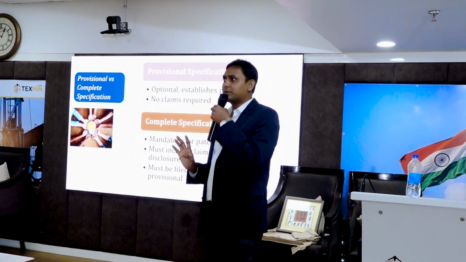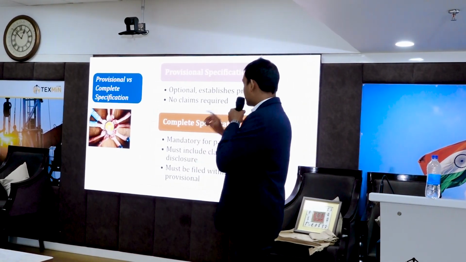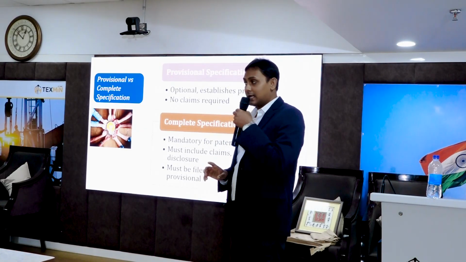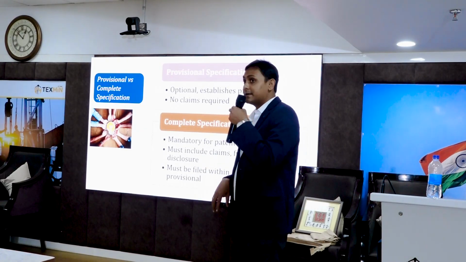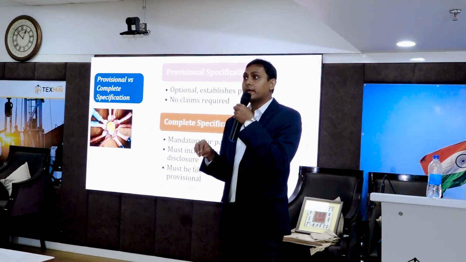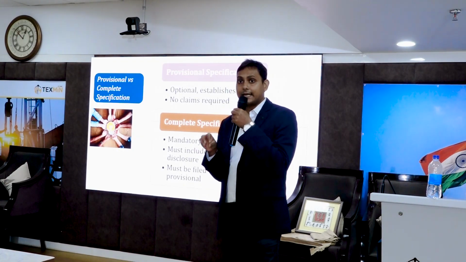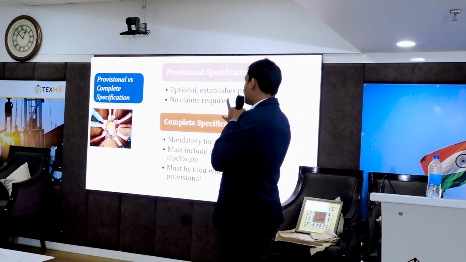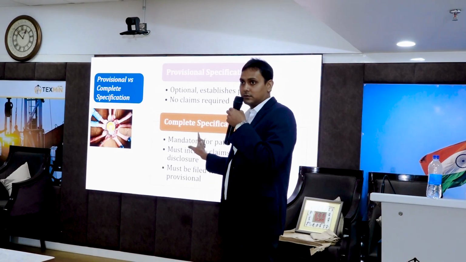There is no requirement of filing the provisional specification. So that's why the provisional specification is optional and it is for establishing priority of your application. Because as I have said, when you are filing the patent application, that date will matter. So that's why this provisional specification is an optional one.